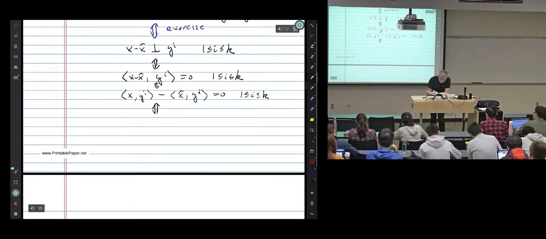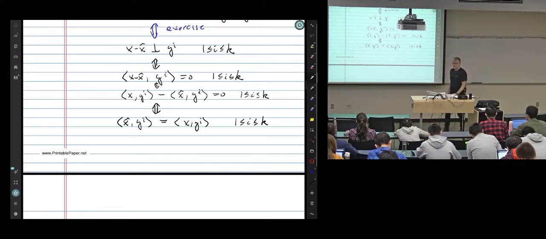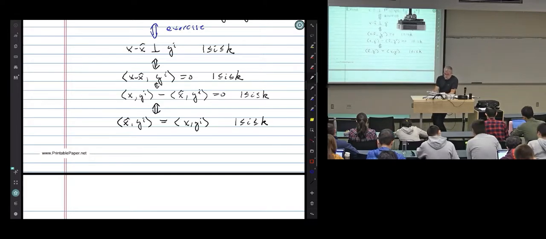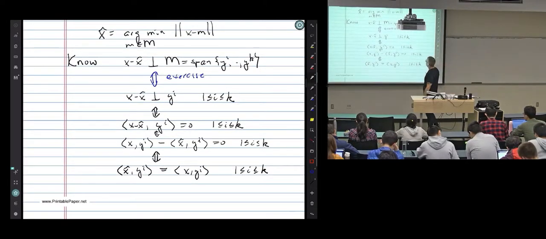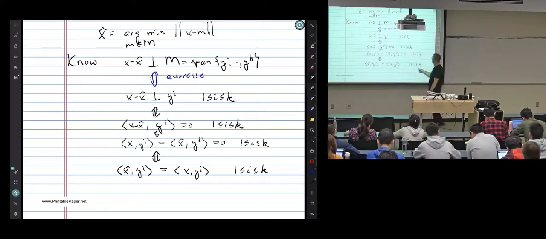And then, for reasons that will be clear, I'm going to write this as the inner product of x hat with y_i equals the inner product of x with y_i. Okay, so all I've done is manipulate the statement that x hat is characterized by the error being orthogonal to the subspace that we used for the approximation. So that gives us k formulas that have to hold. I use the basis for M.